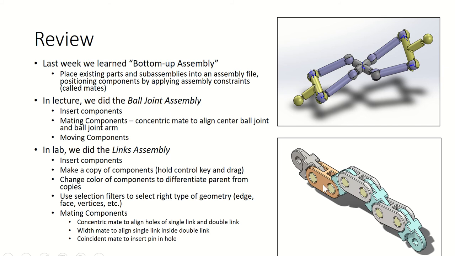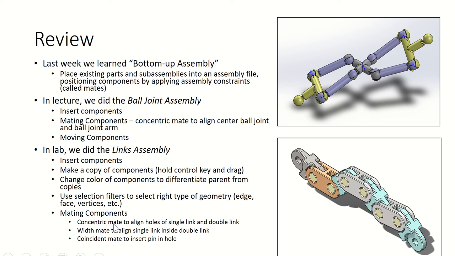So this orange one was the parent, it's fixed, and these gray ones are the children, the copies from this one. You learned how to use selection filters to select what type of geometry you're trying to select in your mates.